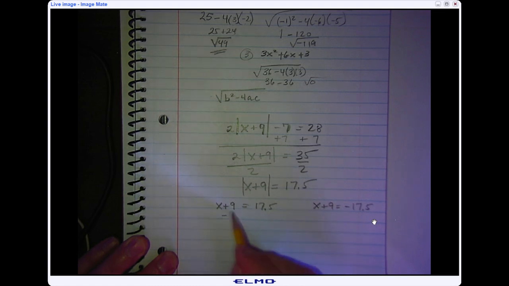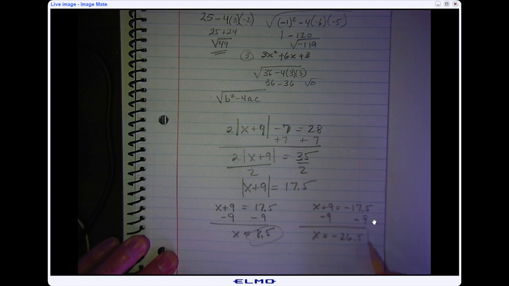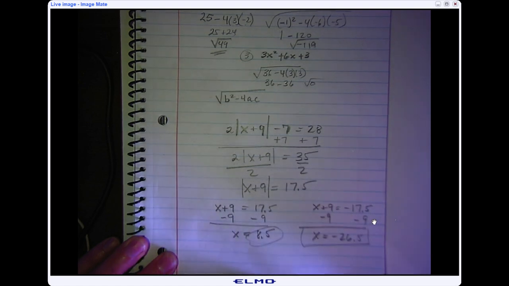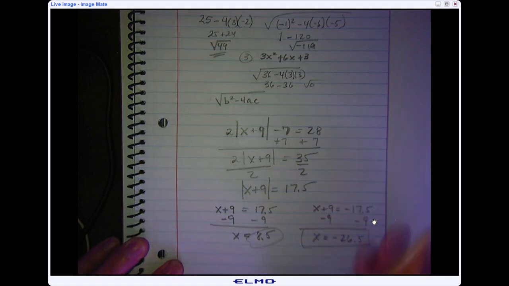So I have one last step. I'm going to subtract 9. So I have x is equal to 8.5 as one solution. And if I subtract 9 on both sides on this one, I'm going to have x equals negative 26.5. So again, here's a situation where I'm backtracking for absolute value, and I'm going to have two solutions.